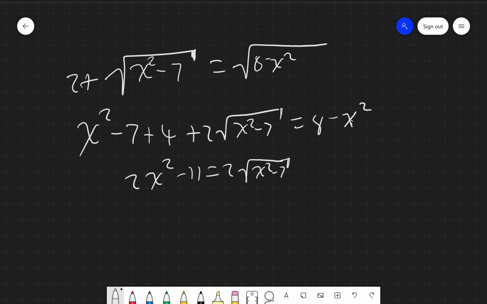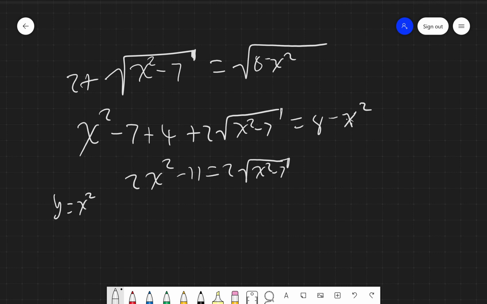Hey, it's not isolated. There's a 2 there. Dude, if you square it, it's going to be fine. There's not going to be another radical. You know what? Here's a genius idea. Let's set y equal to x squared.